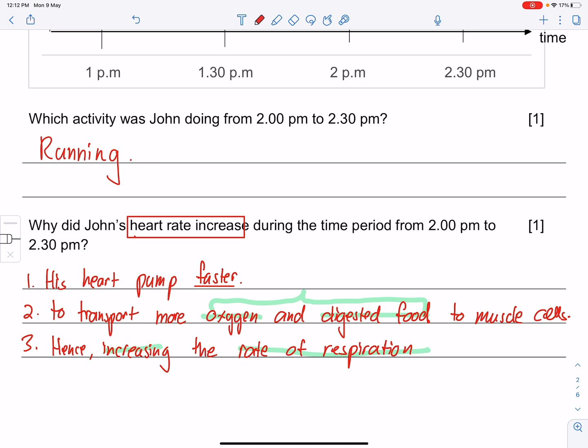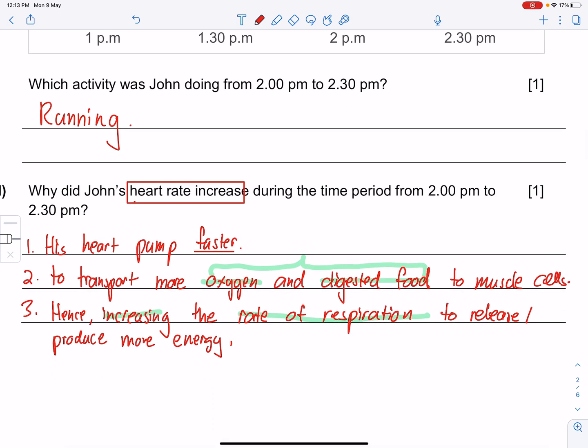Okay? So why do you want to increase rate of respiration? To release or produce more energy. Okay. Now, we will accept both release and produce. Why release? Because the energy is actually trapped in your digested food. Okay? Technically, you can't really produce energy because energy can only be converted from one form to another. It cannot be created.